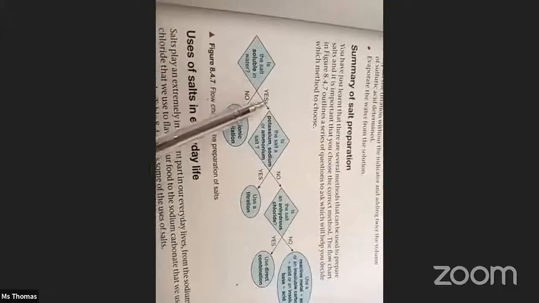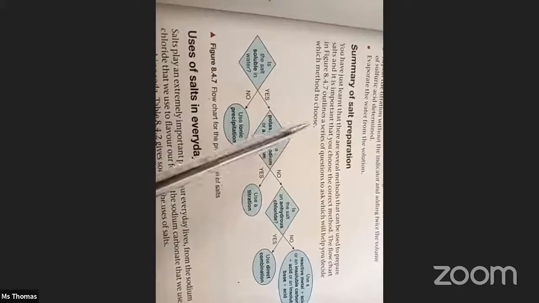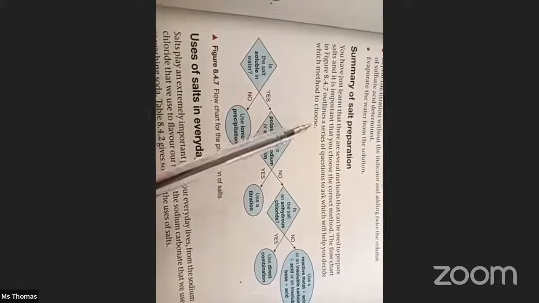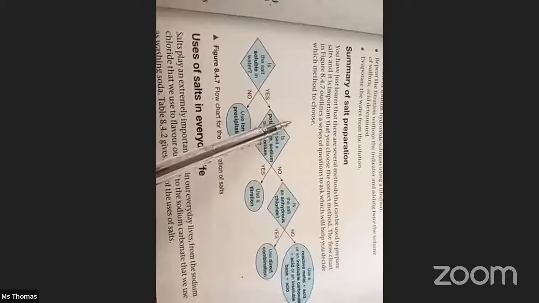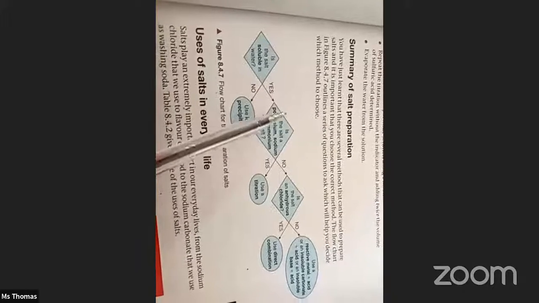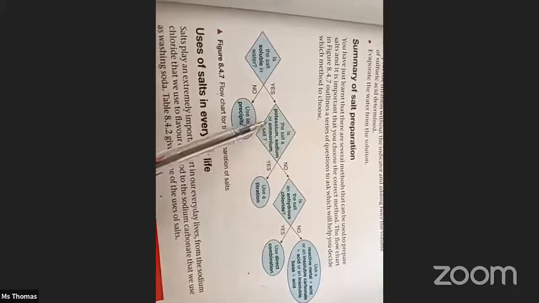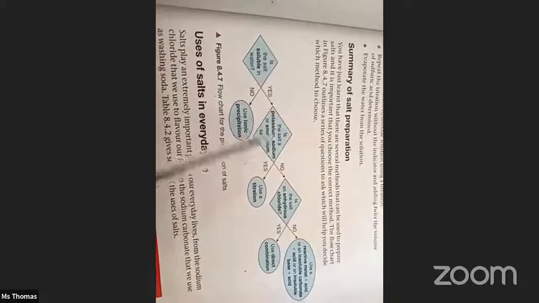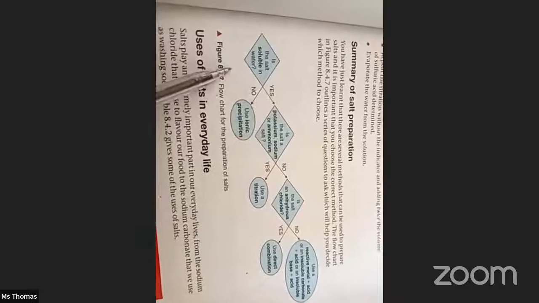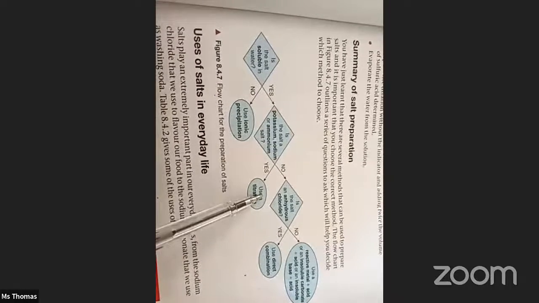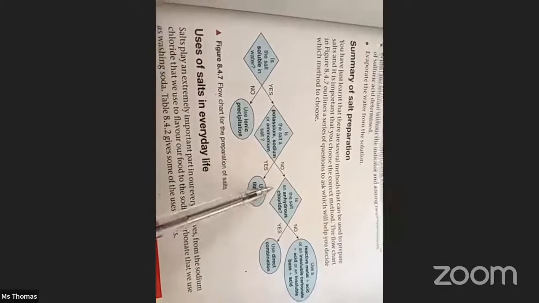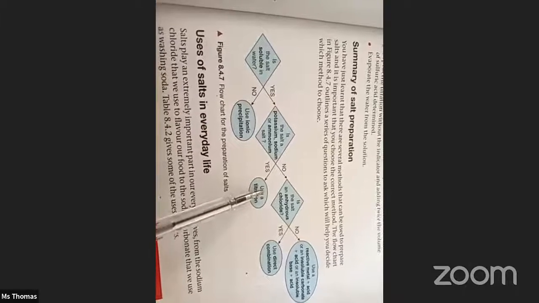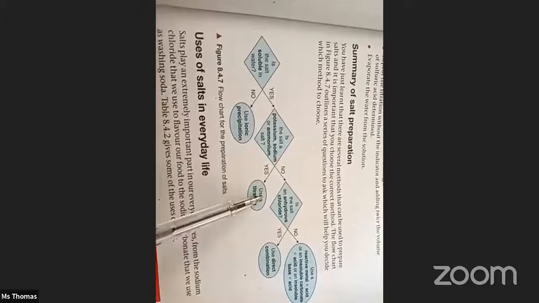Yes, miss. Now, if the salt is soluble, you're going to have one of 3 ways: direct combination, reaction with acids, or titration. So you have to first narrow it down. You're going to ask yourself, is the salt SPA? Is it sodium, potassium, or ammonium? If it is, then you have to use titration, because again, you only use titration with the SPA salts, right?